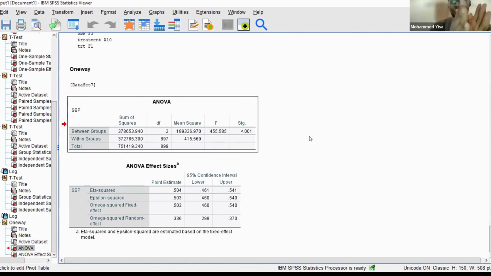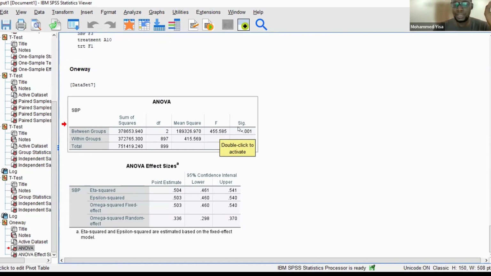So we have three groups. Group one is placebo, group two is old drug, and then we have new drug. So if you look at this first row, it shows you this is the F statistic. This is the statistic that is calculated by ANOVA, and this is the significance.